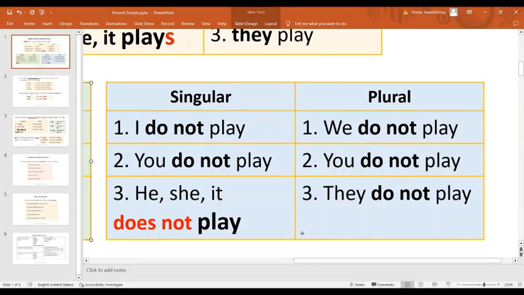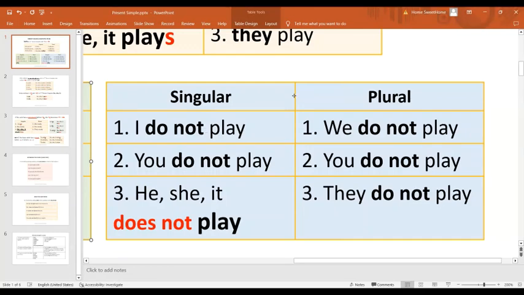So we also use the help of the auxiliary verb do plus the particle not. And we say do not. It's not simple no, but it is not. Not is a negative particle in a sentence.